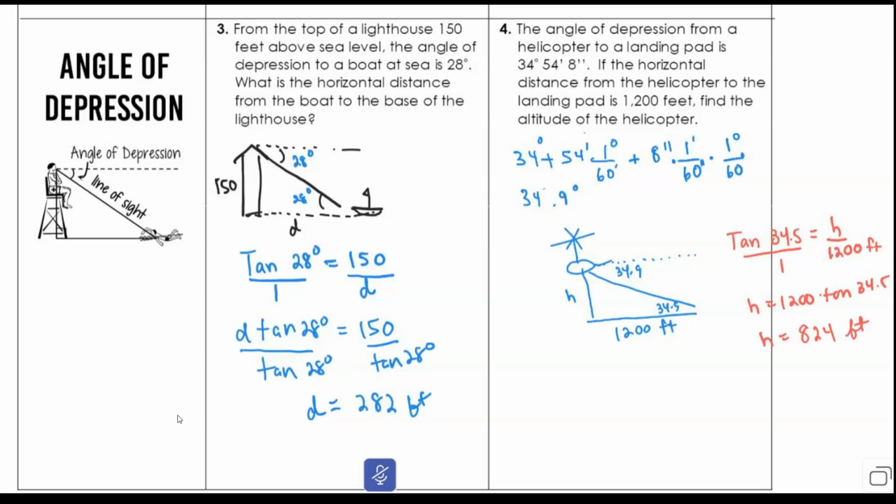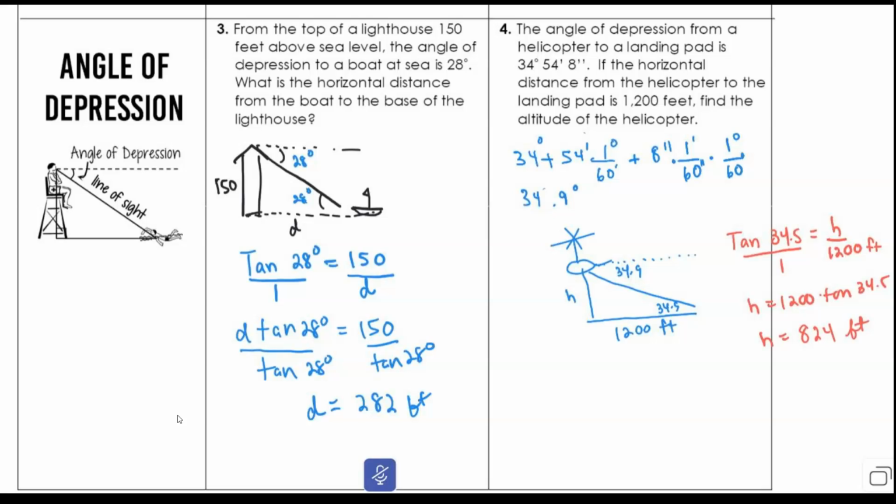So we have a helicopter. Here's a helicopter. And we're looking from the horizontal. And we know that it has an angle of depression. And this is the horizontal also.